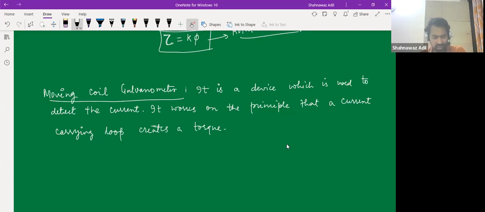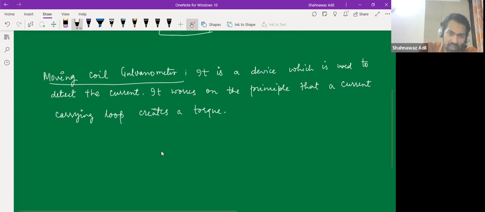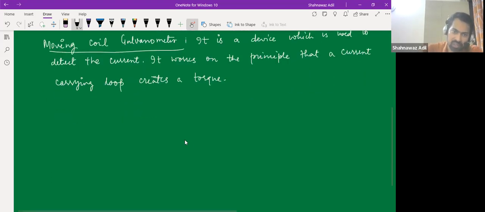So the exact thing that we learned in our previous topic, that is what this moving coil is based upon.